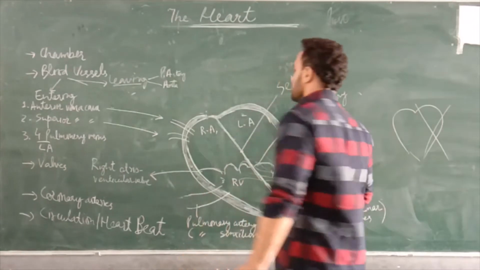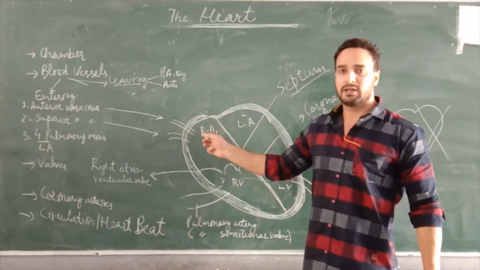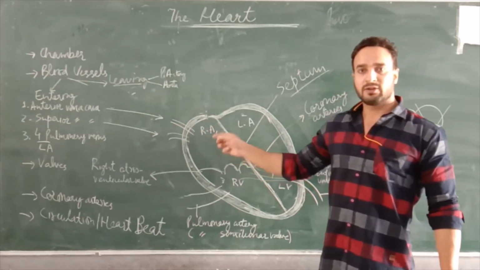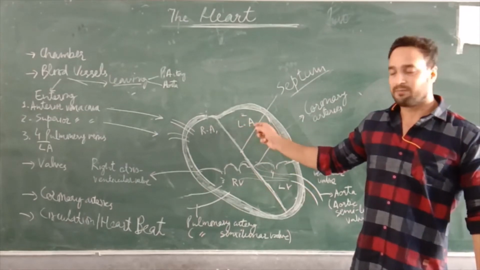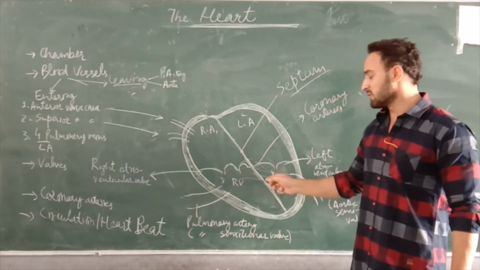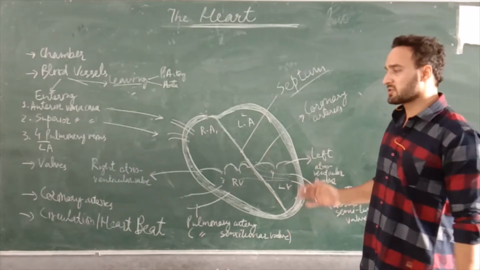So likewise, the auricle towards the right side is called the right auricle, which is designated here by RA, and the auricle towards the left side is called the left auricle. Similarly, we have the right ventricle to the right side and the left ventricle to the left side. Understand? So this is the basic structure of the heart.